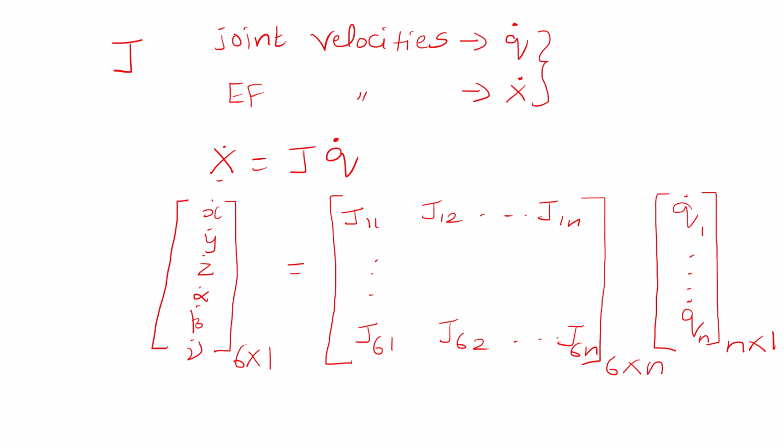If we take the first column, it represents the effect of the joint 1 velocity, that is q1 dot, on the end effector velocity, capital X dot. That is related by the first column of the Jacobian matrix, right? As you see, the size of the Jacobian matrix depends upon the number of joints. Here we have taken n as the number of joints, so the size will be 6 cross n.